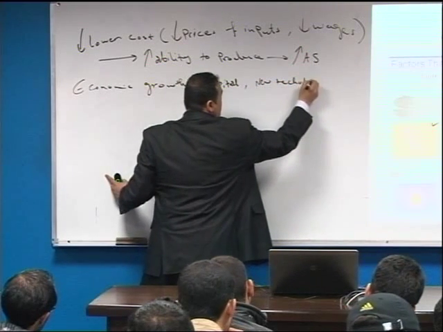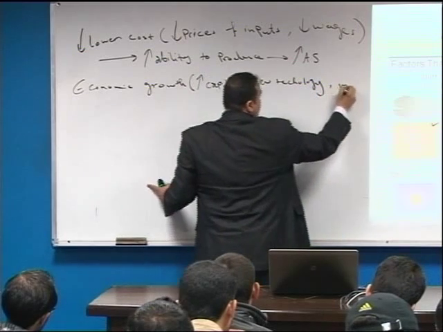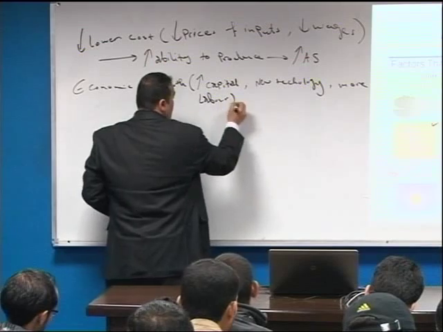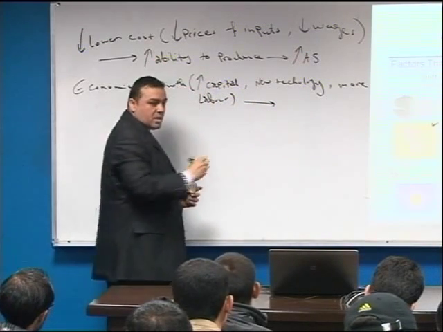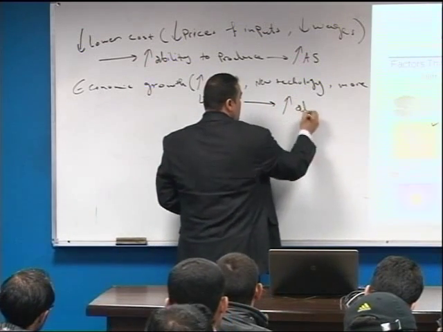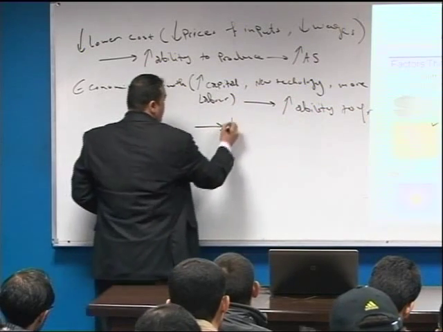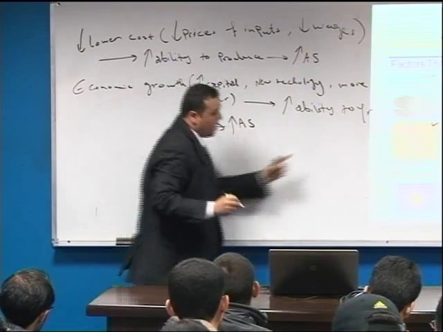What else? More labor. This leads to increasing the ability to produce, and then the aggregate supply would increase, and vice versa.